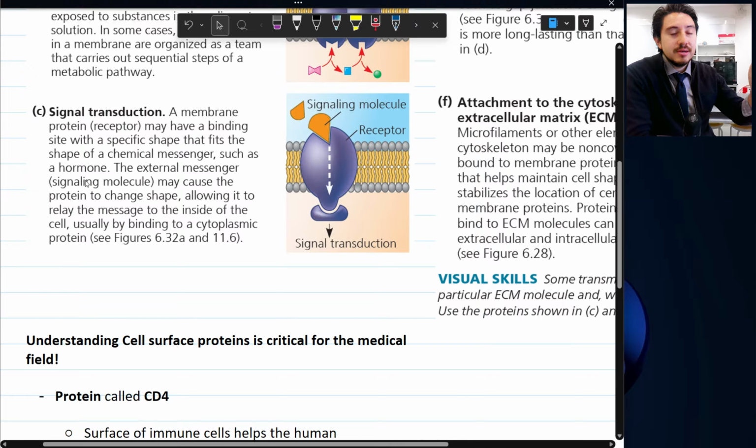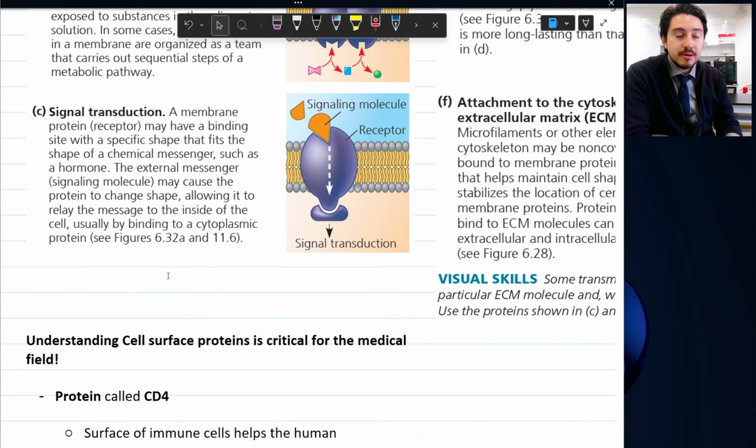It can even go into the nucleus to initiate gene activation, or transcription, to turn on a gene. So depending on the signal that the cell is receiving.